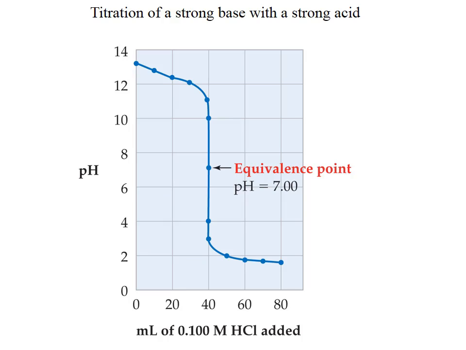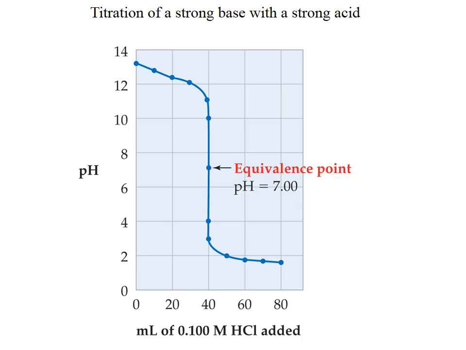Now there's another example here, titration of a strong base with a strong acid. This would just be the opposite, a sort of inverted looking graph, where the pH begins high because the analyte is now a base, and that's where the pH is being measured, in the flask of the analyte. And then as you titrate it with a strong acid, the pH will of course start to come down.